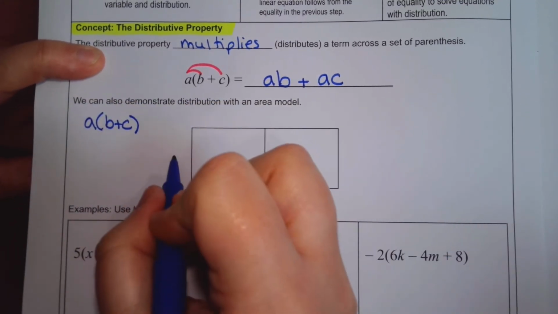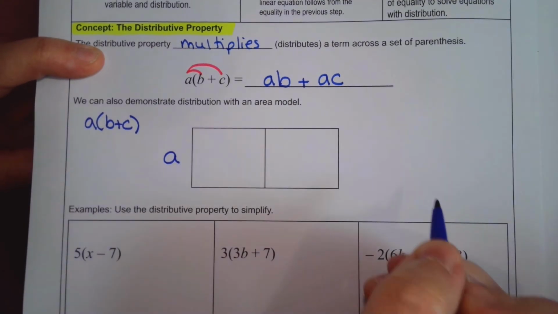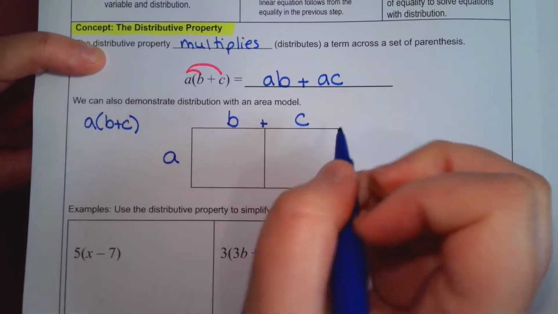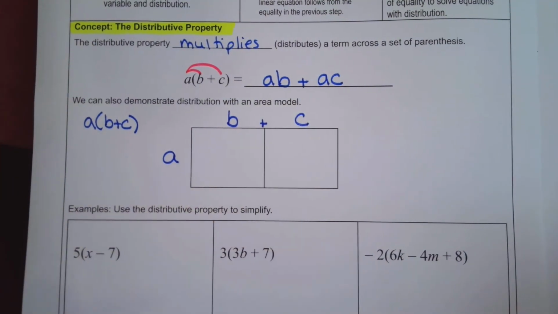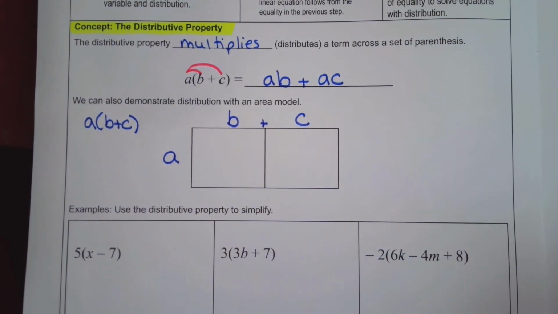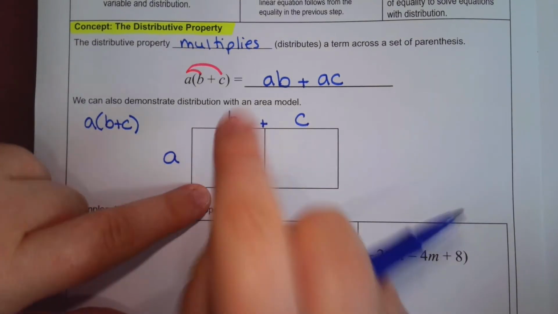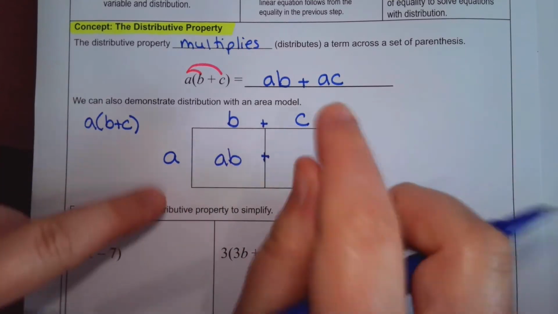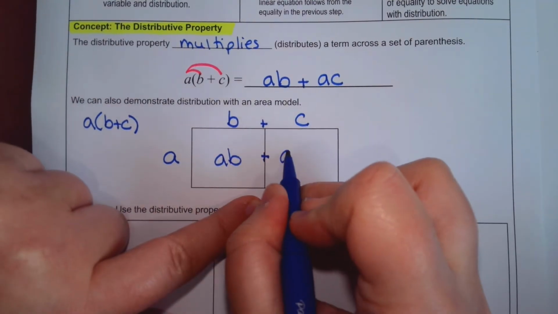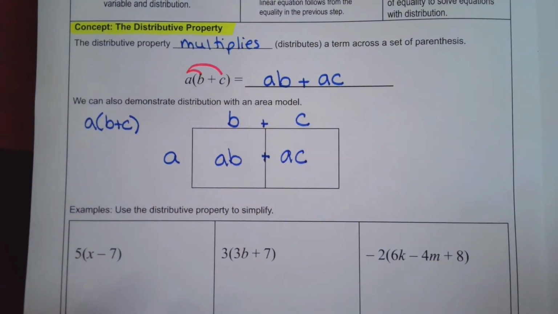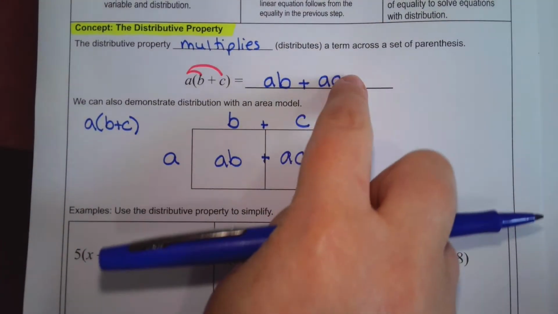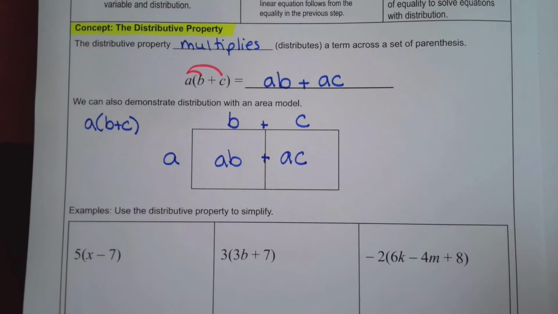So we're going to put A on the outside and then B plus C along the top. Think of it like you're filling in a multiplication chart. So A times B is AB plus A times C is AC. We get the same exact answer, but now with two different methods.